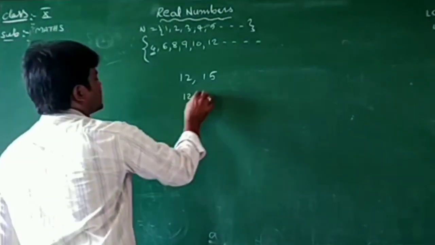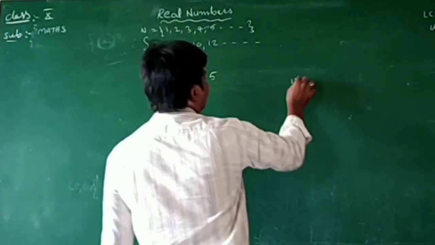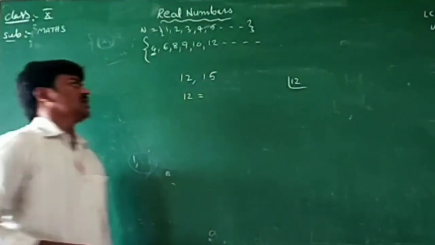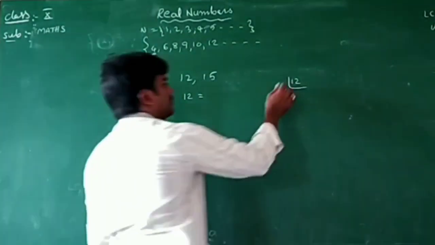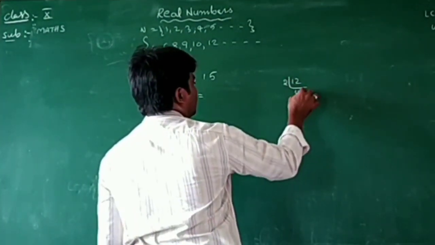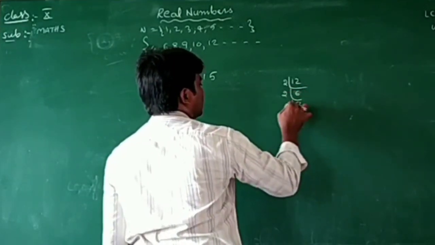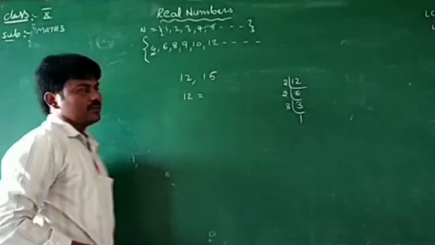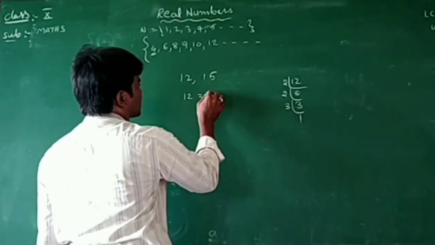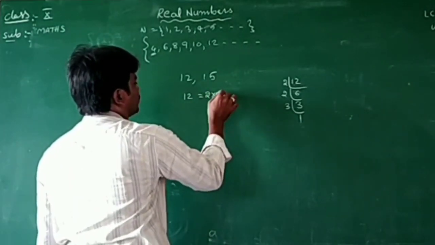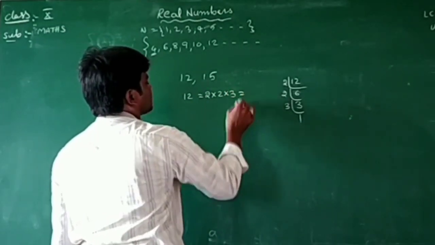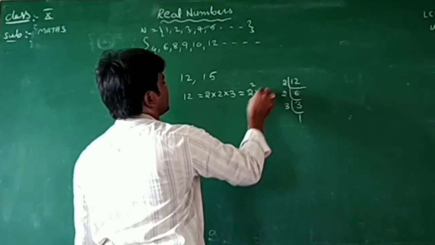So to find the prime factorization of 12: 2 table, 6 times; 2 table, 3 times. Now 3 is 3 table, 1 time. So the prime factorization of 12 is 2 into 2 into 3. In power notation it is 2 square into 3.